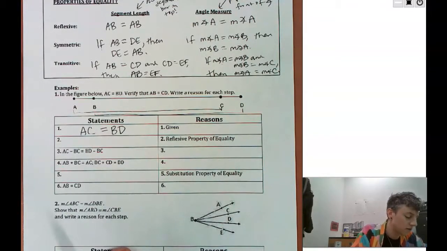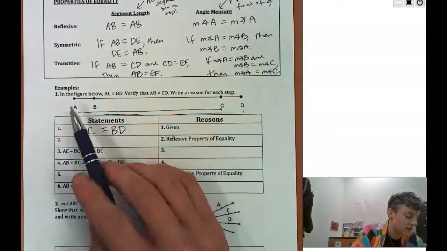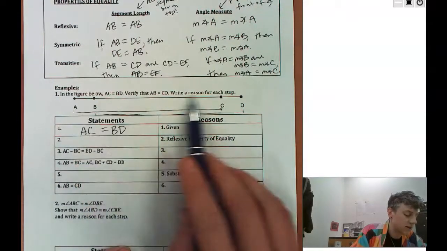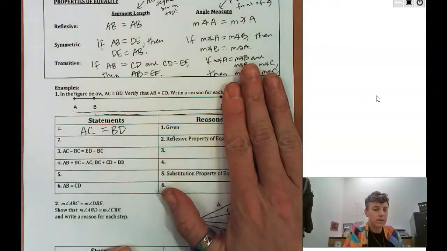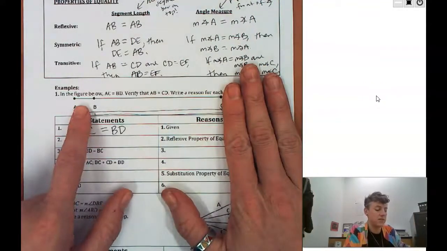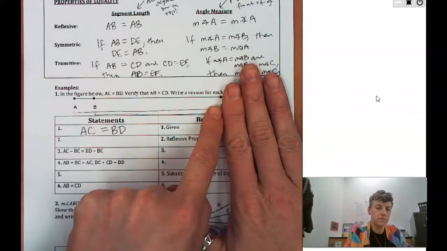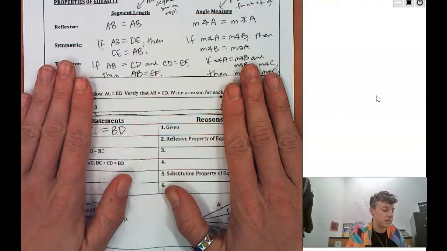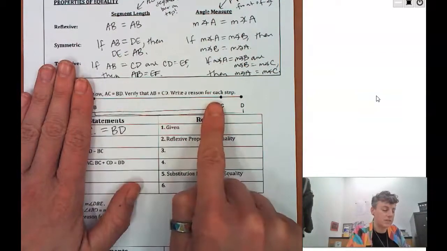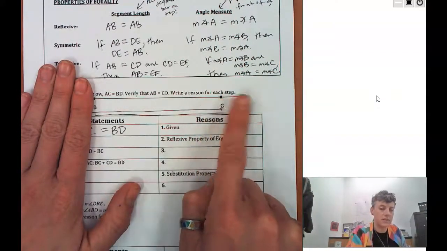Well, we also know that this long segment, A to C, is made up of that little guy, AB, plus BC. We know that segment BD is made up of that same BC plus CD.